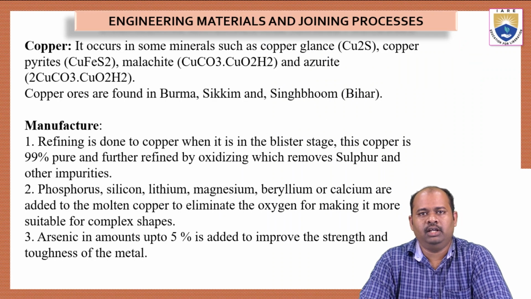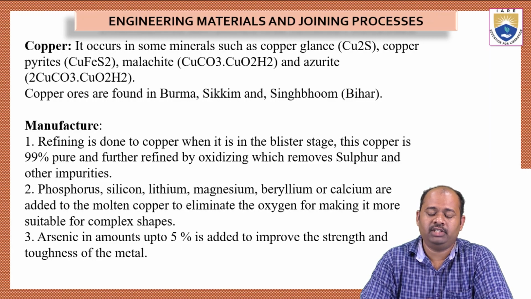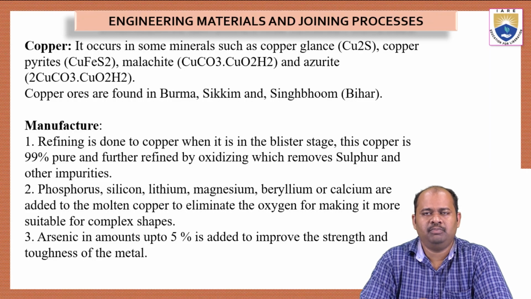And then we have another non-ferrous metal, that is copper. Apart from aluminum, we have some other non-ferrous metals like copper, sodium, magnesium, etc. All these come under non-ferrous metals. Now let us see what copper is, how it is constituted and how it is obtained from ore.